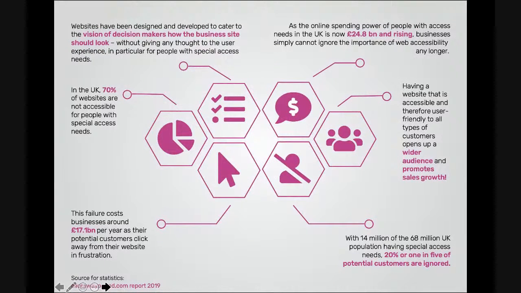Now, in the UK, 70% of websites are actually not accessible for people with special access needs. That is actually quite an important statistic, because 14 million people out of the 68 million UK population are actually registered as disabled and have special access needs.